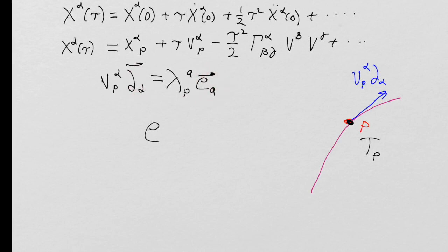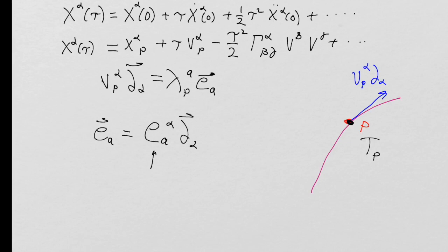What binds this stuff together is that these vectors can be expressed in terms of those vectors, right? I can say the vector E_A equals these components, E_A^alpha, times the basis vector partial alpha. Oops, I'm missing an A there.